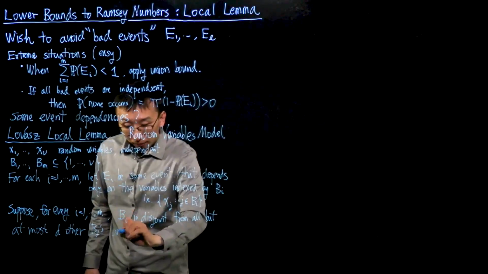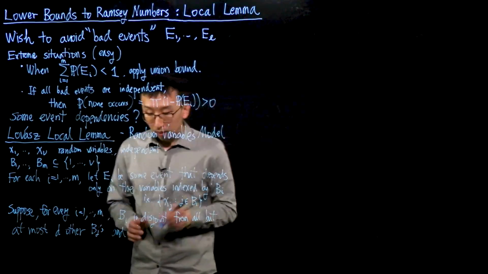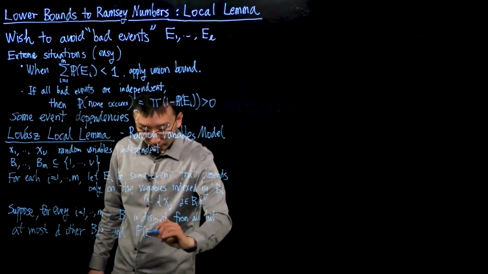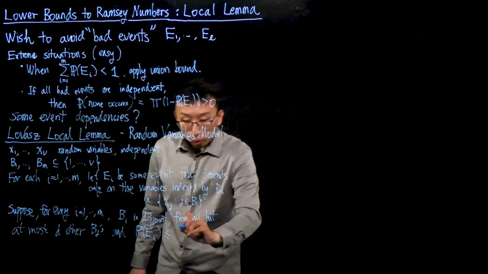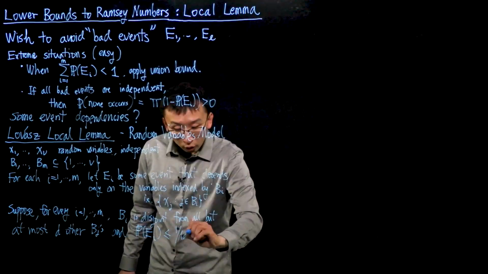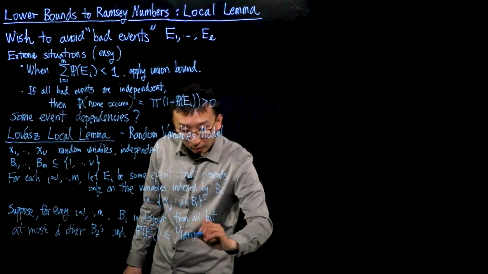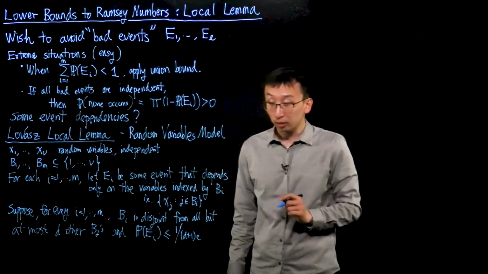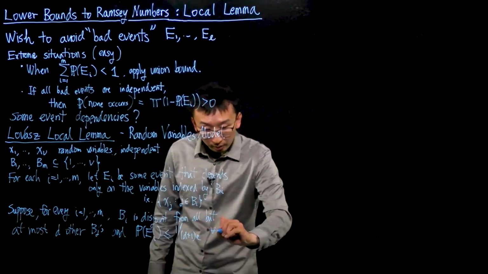And furthermore, another hypothesis is that each bad event occurs with some probability which is not too large: at most 1 over d plus 1, times the constant e. Here, e is the natural constant, 2.71828, and so on. And this is true for every i.